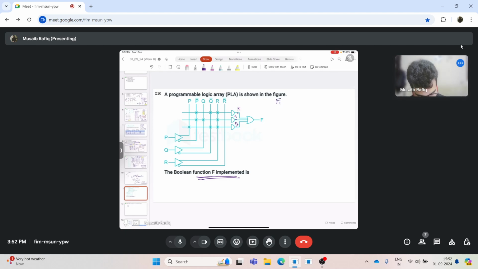F1 is equal to P bar, Q bar, and R. F2 is P bar, Q, R. And finally I have F3, which is equal to P, Q bar, and R. So what is my F equal to in terms of F1, F2, and F3?